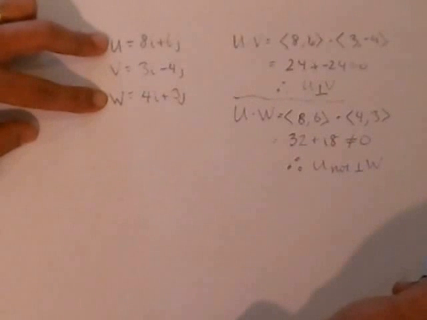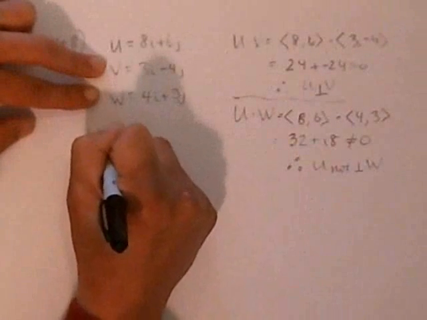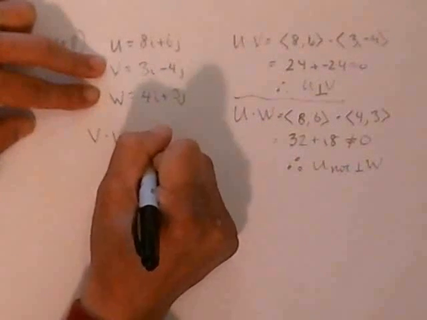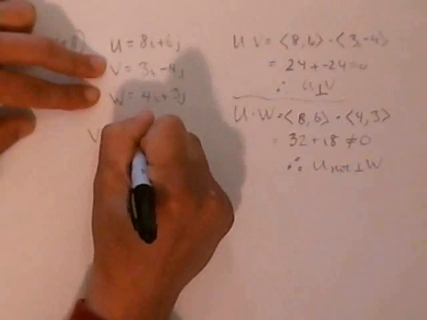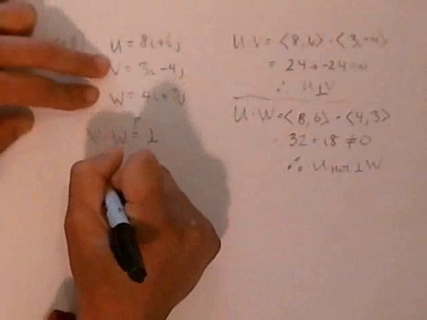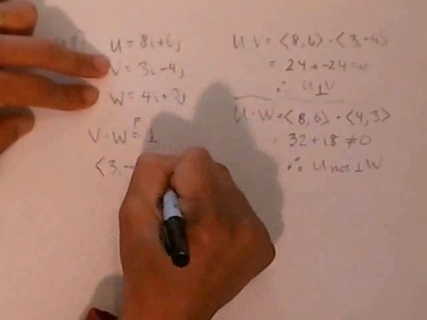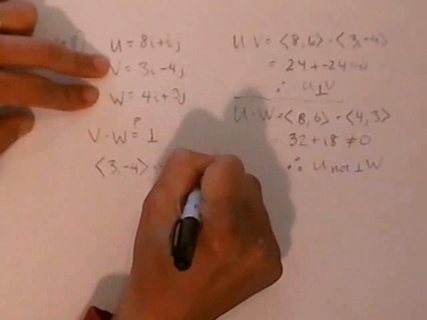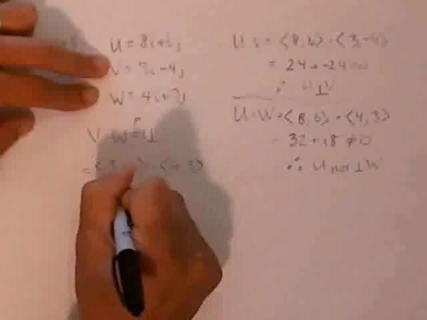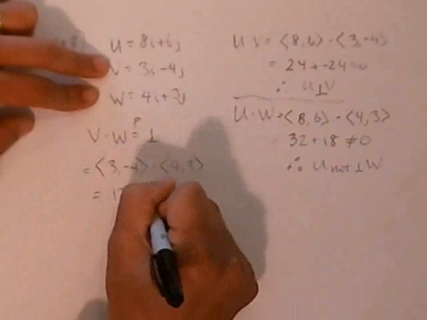Let's see the third part, v dot w. Perpendicular, question mark? That's what we're trying to find. Vector v is 3, -4 dot w, which is 4, 3. That becomes 3 times 4 is 12, plus -4 times 3 is -12.